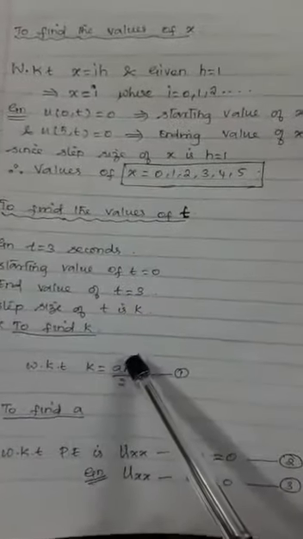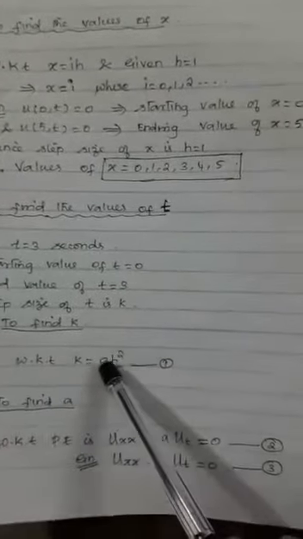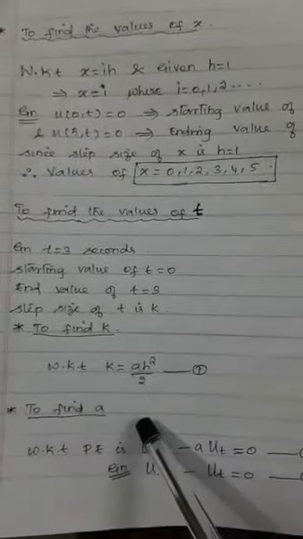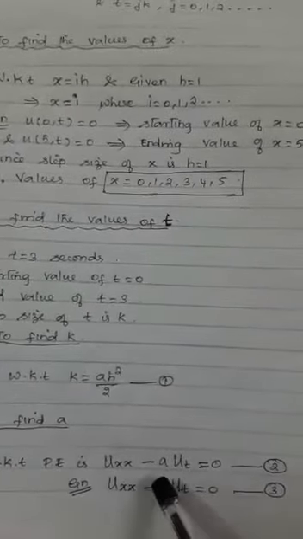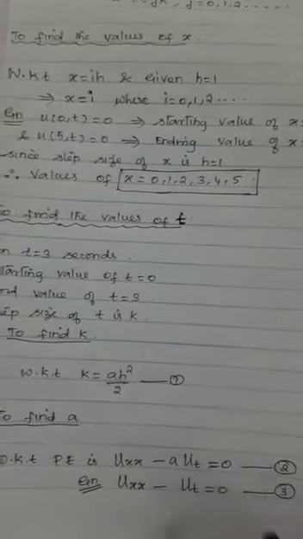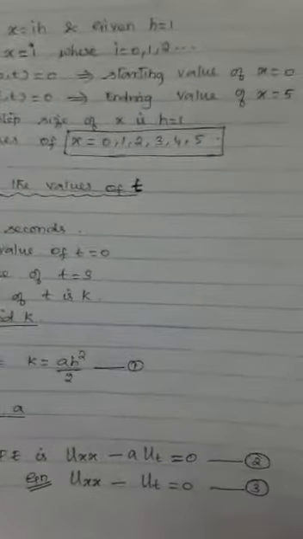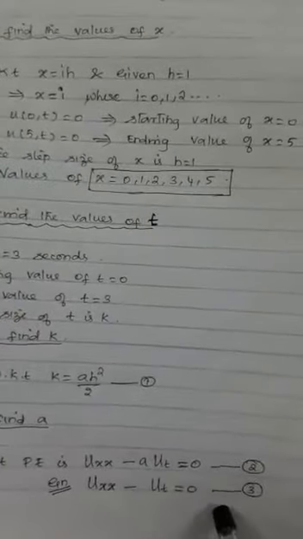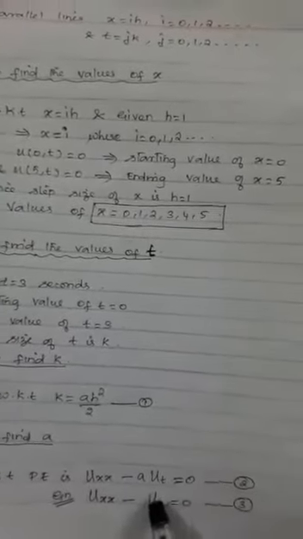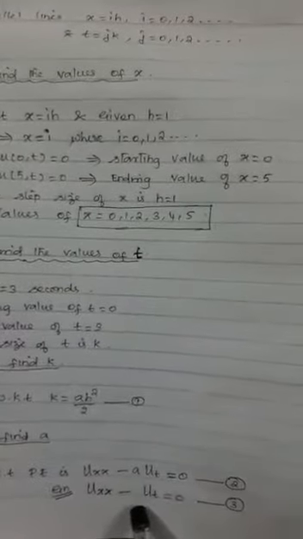Again, the h value is known, but we don't know the value of a. To find the value of a, we know the parabolic equation u_xx − a u_t = 0. The given equation is u_xx − u_t = 0. From both equations, we can find the value of a, that is a = 1.